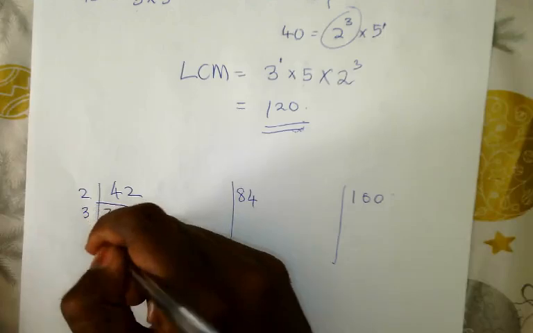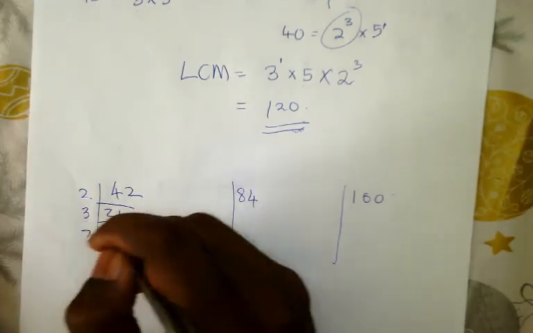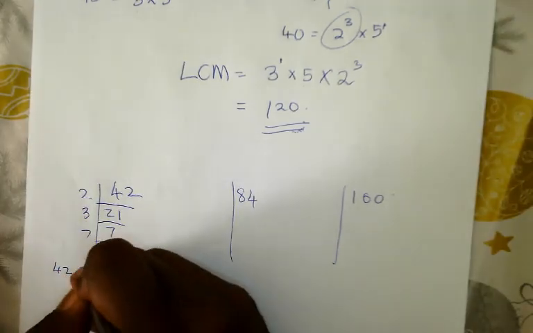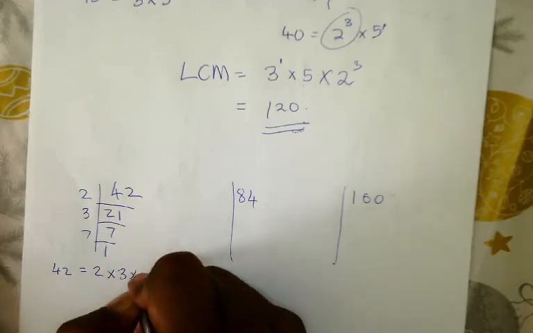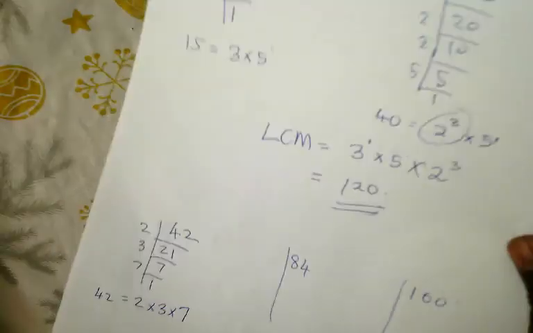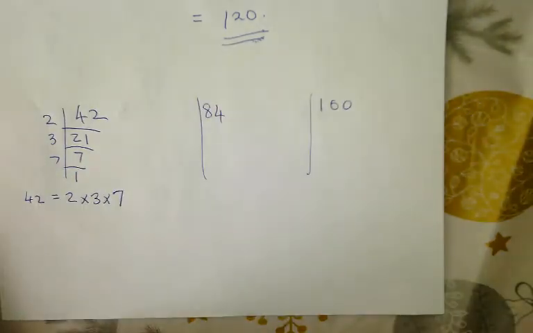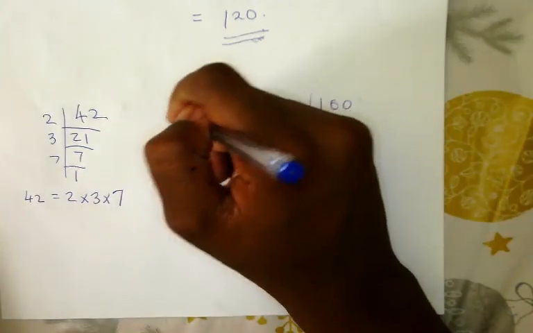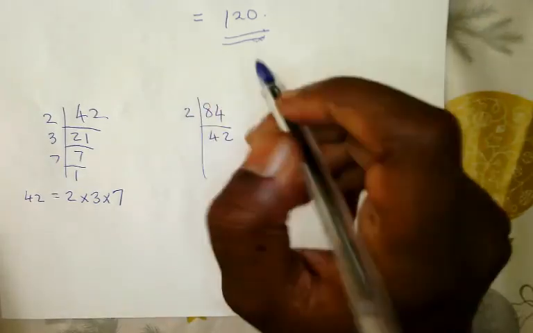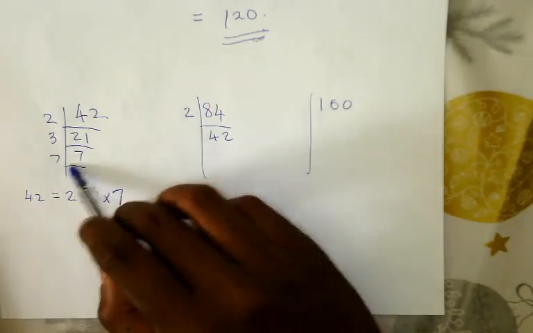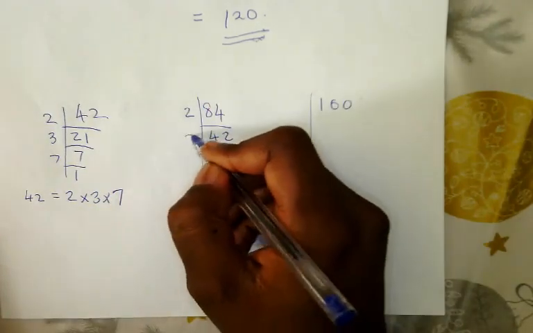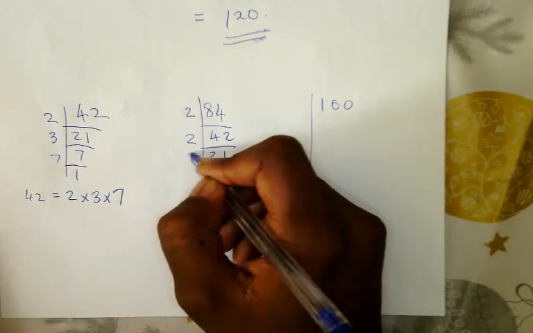So for 42 I have 2 multiplied by 3 multiplied by 7. Now 84 divided by 2 gives me 42. This is similar to this. Can you all see? So I'm going to divide this by 2 to get 21, divided by 3 to get 7, divided by 7 to get 1.